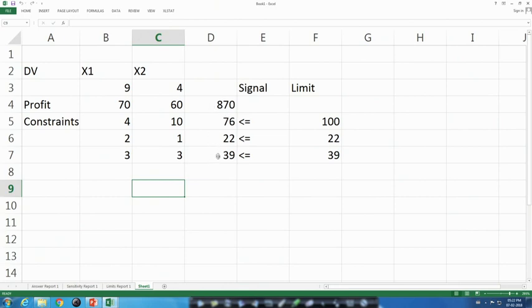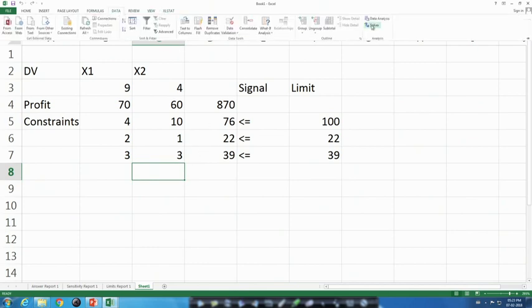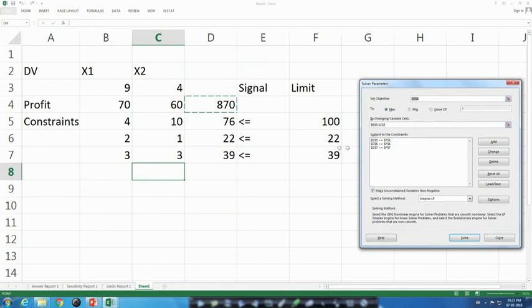Now again a similar structure: the first constraint is non binding, and the second and third constraints are binding. Again, if you add one more constraint, then you have to go to the Solver, and in the previous change situation, we were just changing the coefficient of the objective function as a result.